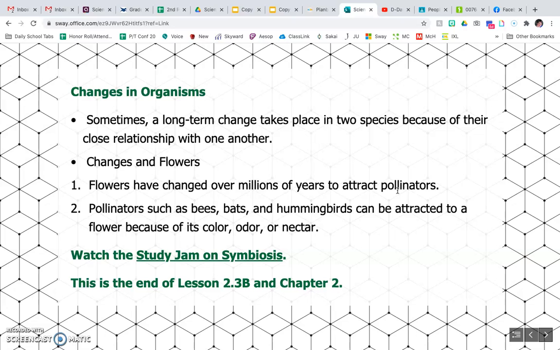We know somehow this still happens. So pollinators such as bees, bats, and hummingbirds can be attracted to a flower either due to its color, its odor, or its nectar. So that would be a long-term change, symbiotic relationship that may take place.